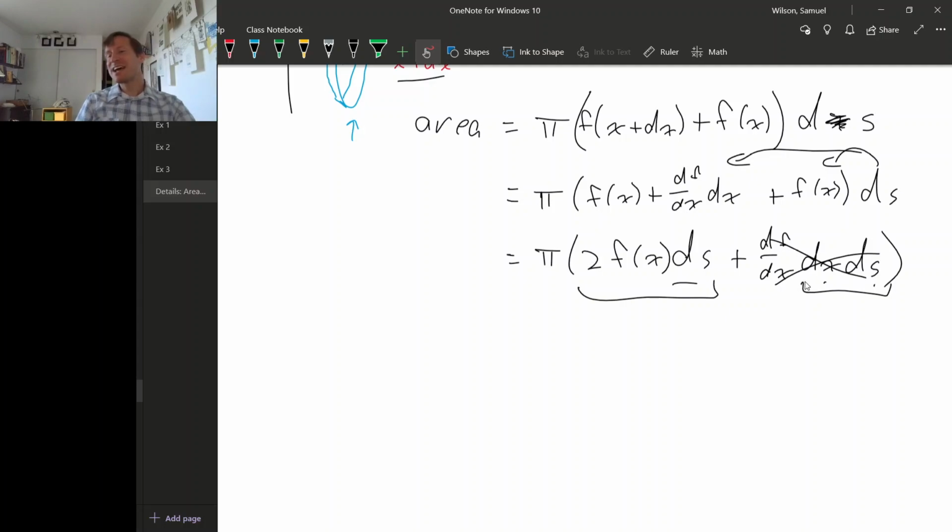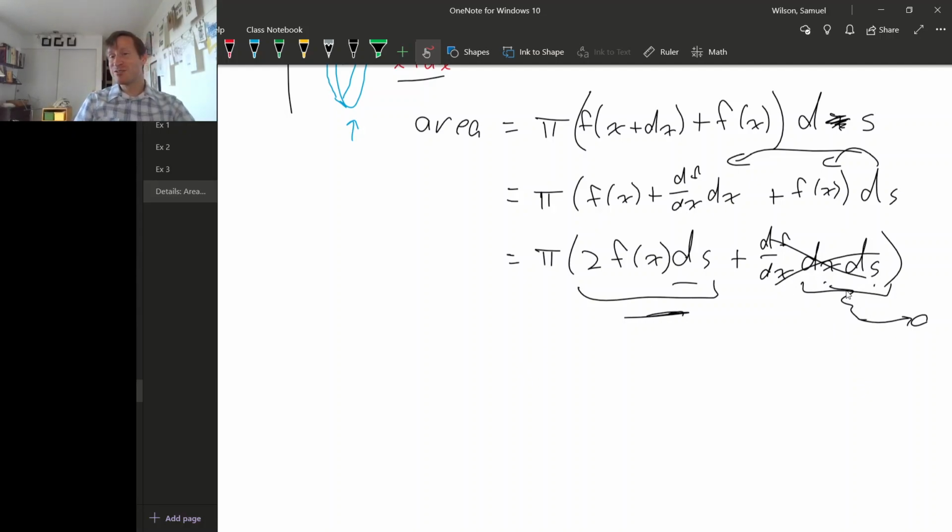Now there is a technical justification for this, which is, really all of these quantities that I'm representing with d's, we can approximate them with small bits, in which case we'd write them with deltas, and then we'd take some sort of limit. And when you do that, this limit just goes to 0, and this limit on the left doesn't. So that's a description of the technical justification.